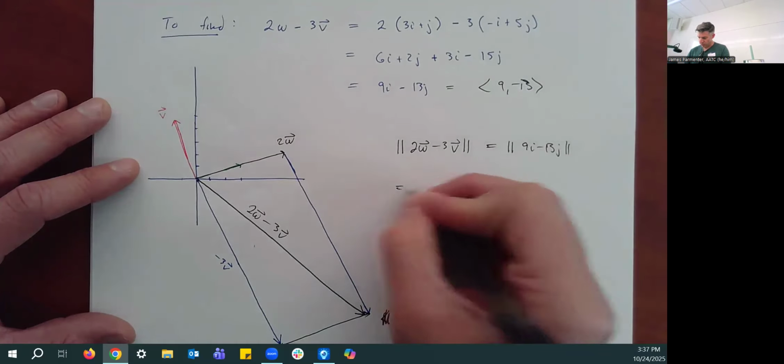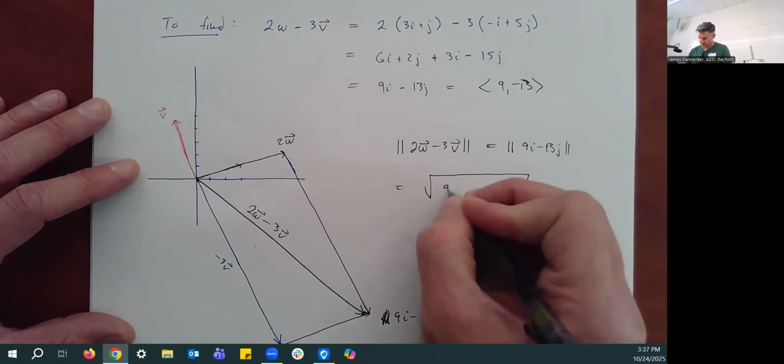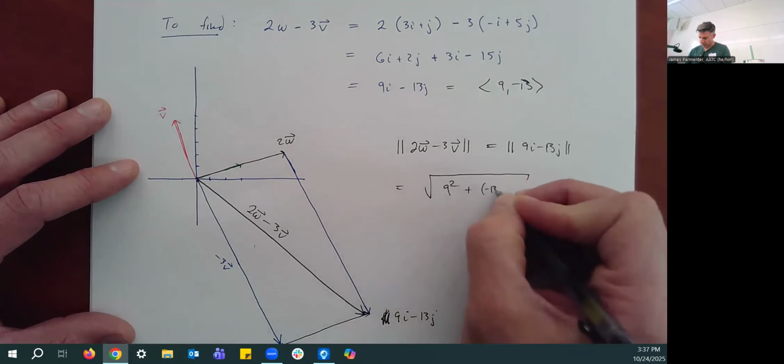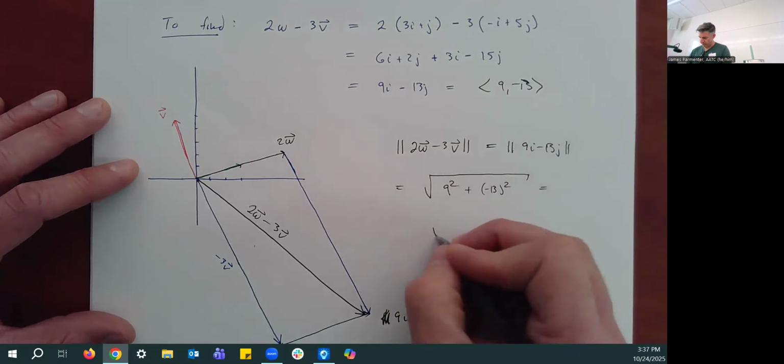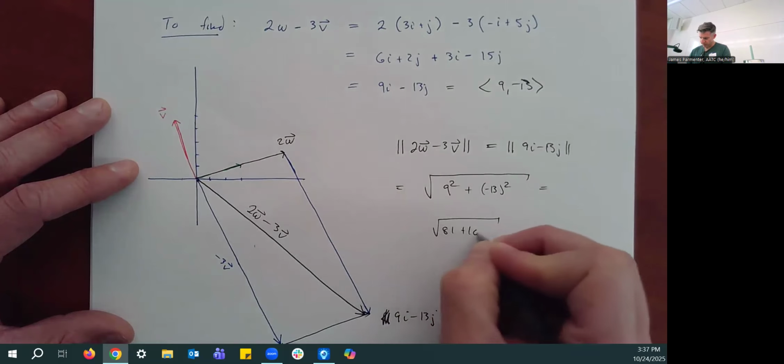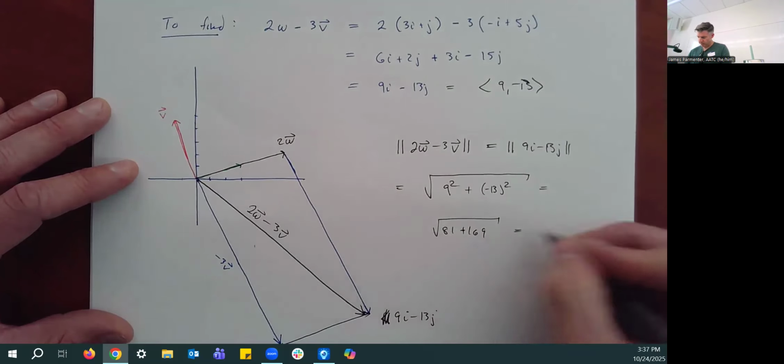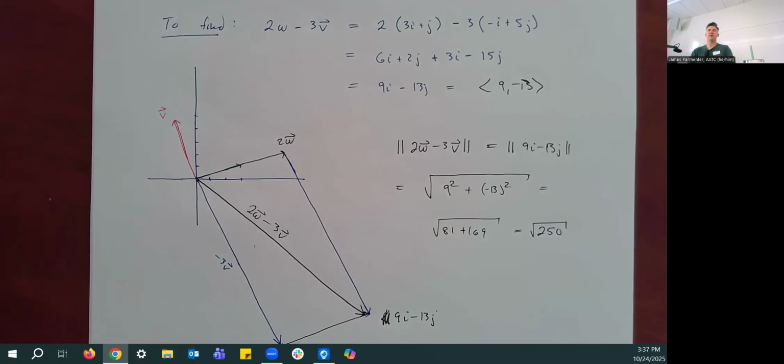That's the square root of 9 squared plus negative 13 squared, which is 81 plus 169, so 170 plus 80 is 250, square root of 250. But you shouldn't simplify it. I mean, maybe you should, I don't know.